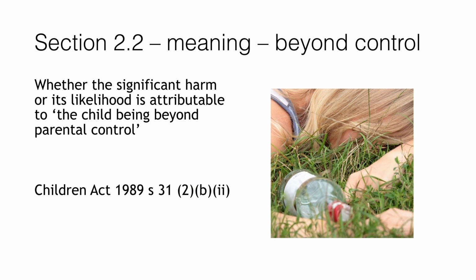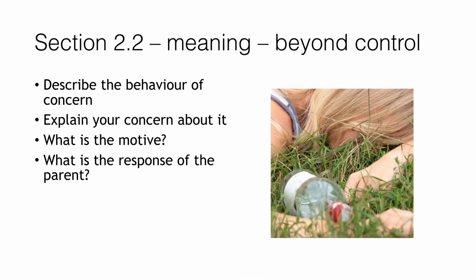This is a different test to the reasonable parent test, but is whether the child is beyond the control of parents. These are a series of prompts to elicit information about the area of being beyond parental control. Firstly, an objective account of what takes place, and then separately, what is it about this that worries you? We sometimes find supporting parents who try everything, yet find it difficult to influence the child.